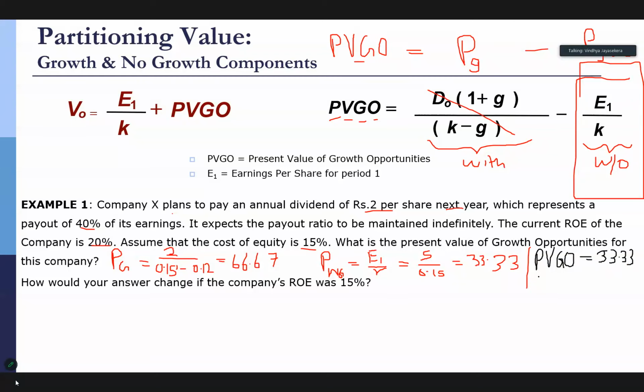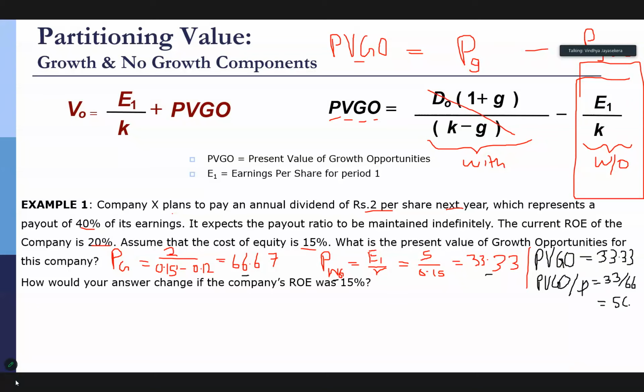Or if I take PVGO as a percentage of current share price, it should be 66, right? Because this is a hypothetical value. What if the company was not growing? The actual share price should be 66. So PVGO over current share price is about 50%.